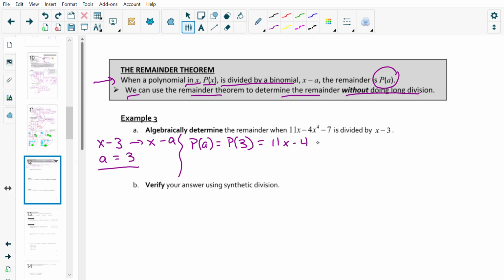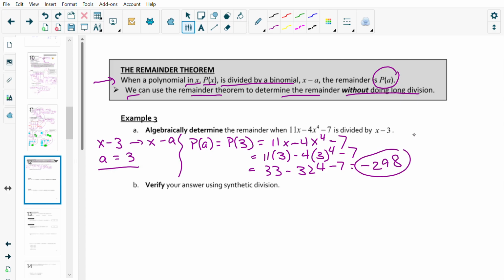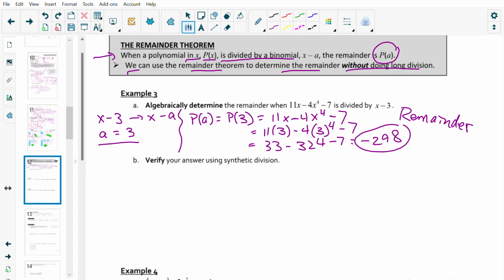Then I'm going to evaluate 11x minus 4x to the fourth minus 7. So let's evaluate. 11 times 3 minus 4 times 3 to the fourth minus 7. Negative 298. This is my remainder using the remainder theorem.